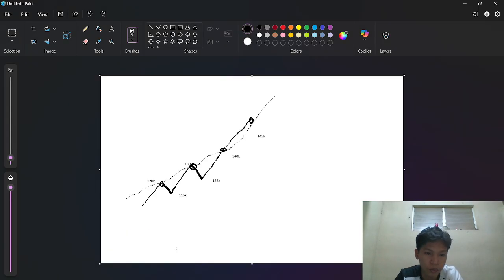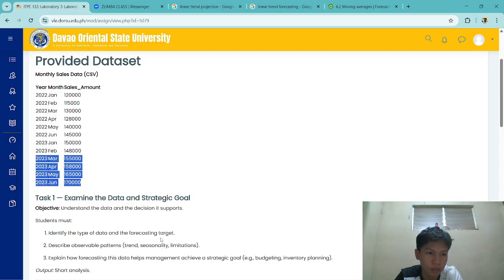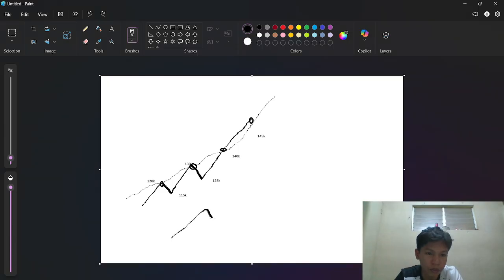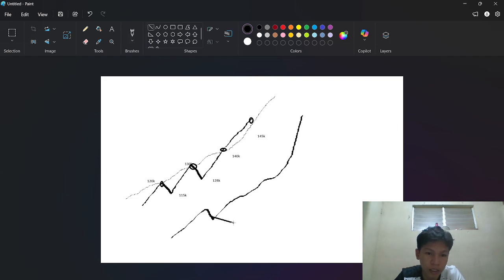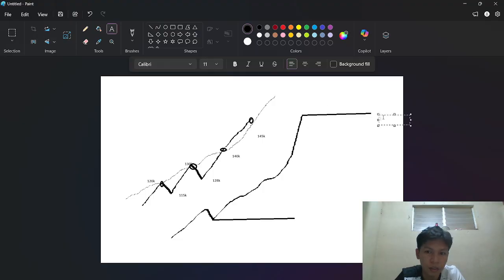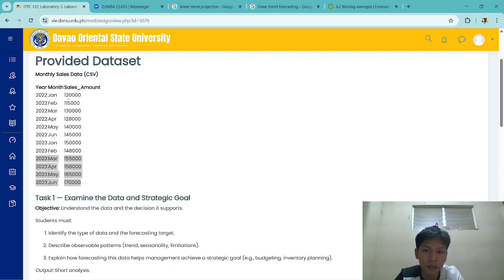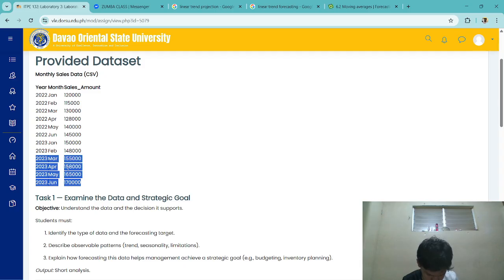150 to 148, 150 to 148, then 155. So yes, it's increasing. If it follows this trend line and doesn't go back down, it gets its support. So the peak would be right at December, maybe 200k.